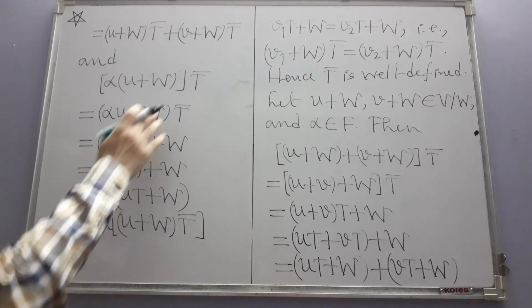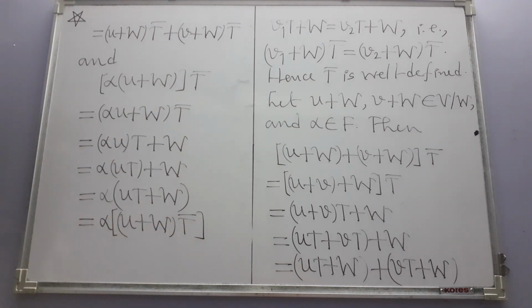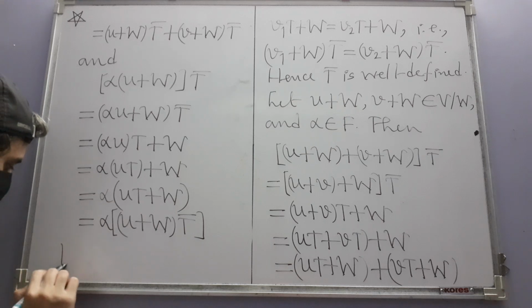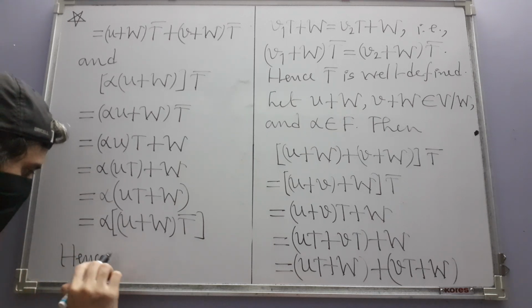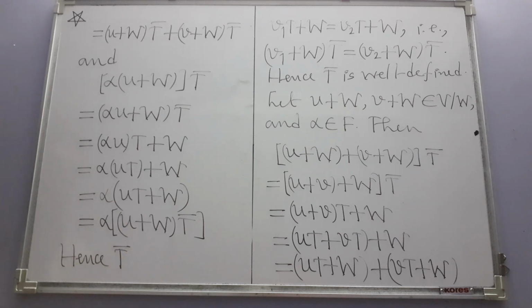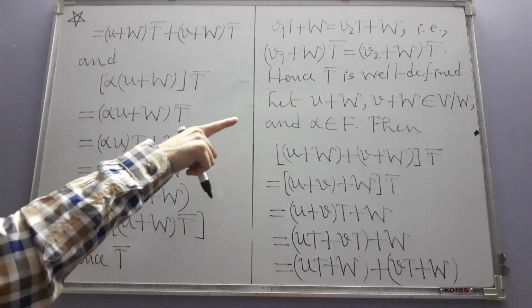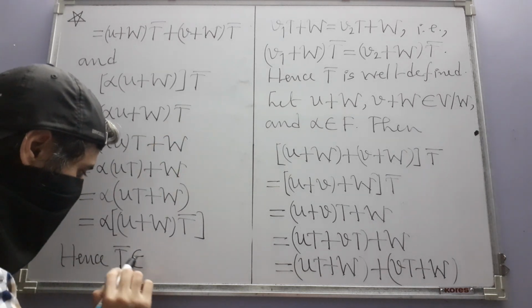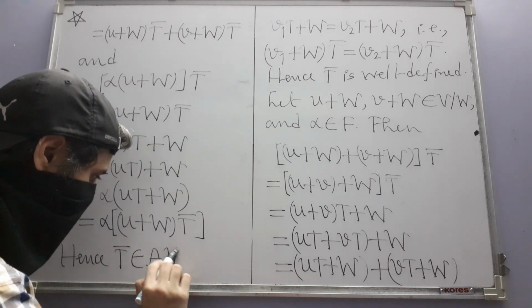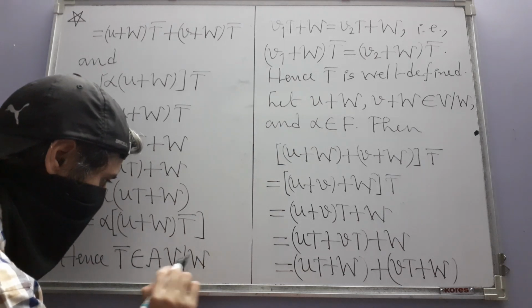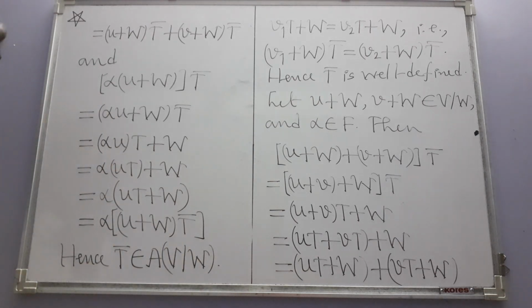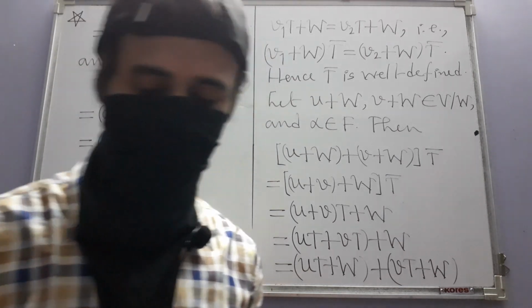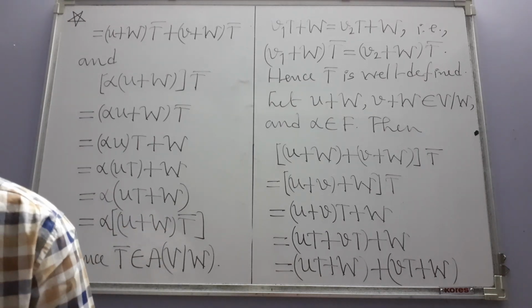So we have shown that T bar also respects scalar multiplication, and that is why T bar is a legitimate linear operator on V/W. That is, it belongs to the algebra of operators on V/W. So the first claim of our result has been proved.